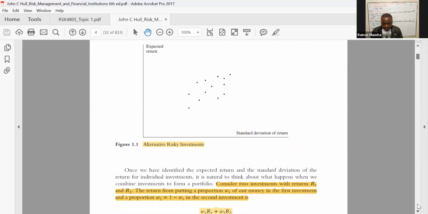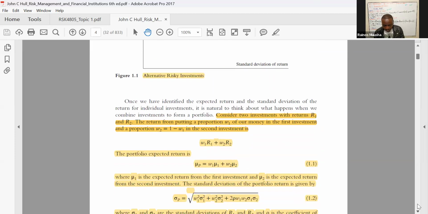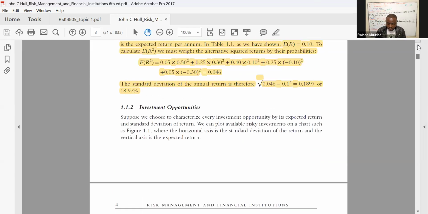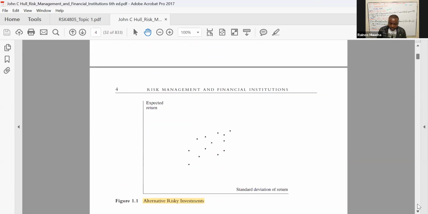And when you look at investment opportunities, they look at the alternative risk investments. And looking at these, they discuss the concept of assessing different investment opportunities.